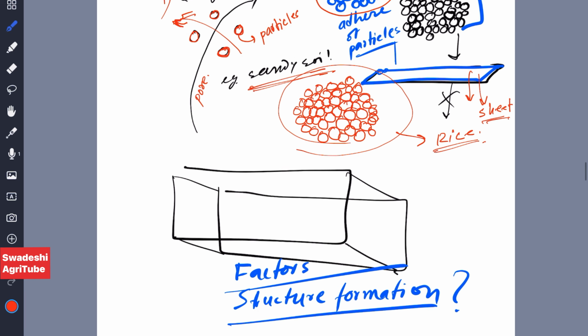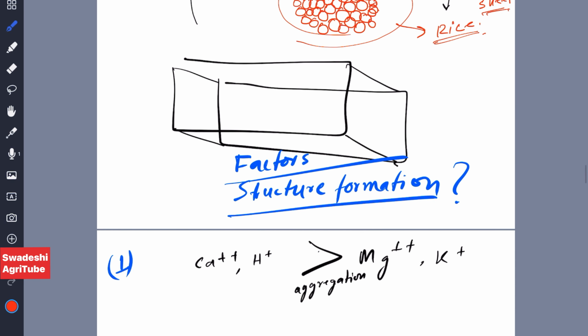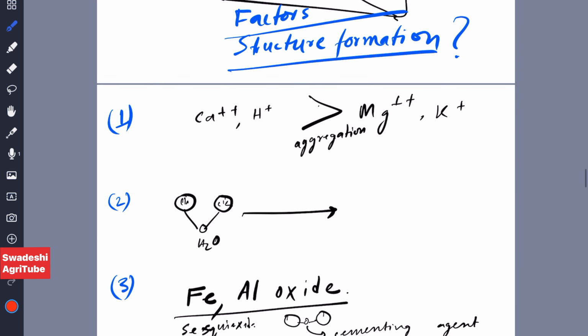Before knowing the structure of the soil, we have to remember what the factors are that are responsible for forming the structure. The particles will not automatically adhere. There will be some reason why they adhere, and that's why there is some reason or factor for the structure formation. First important one is ions. Different kinds of ions play different roles in structure formation.